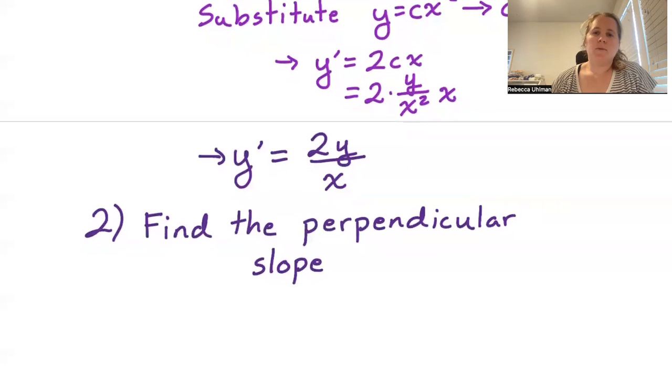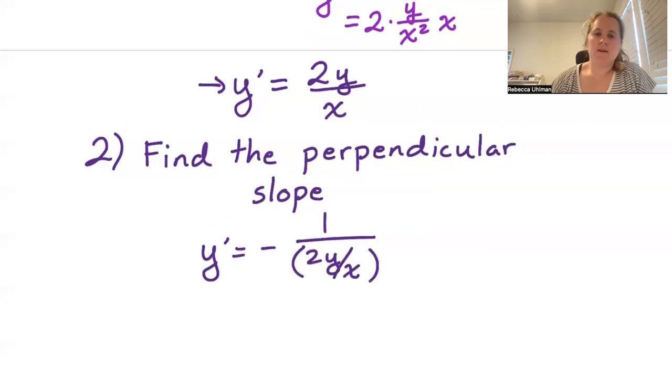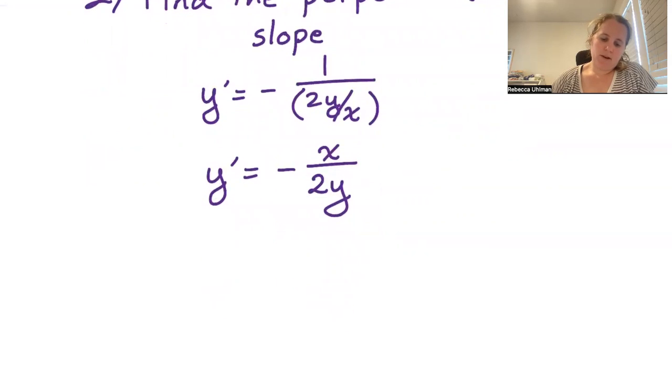So if we find the perpendicular slope, we will do y prime is negative 1 over 2y over x. And this becomes y prime is negative x over 2y. Then we solve that new equation.